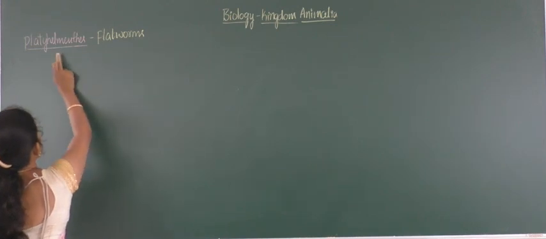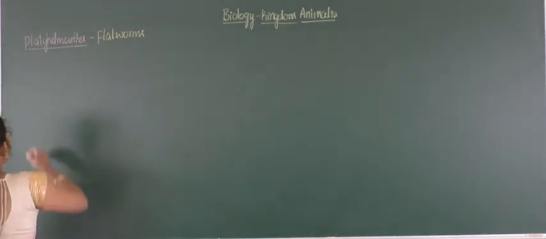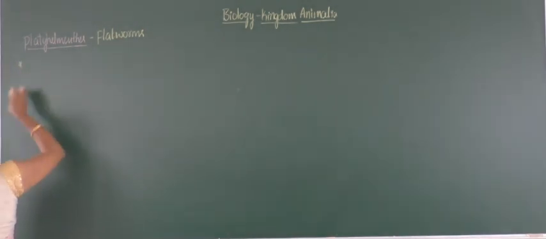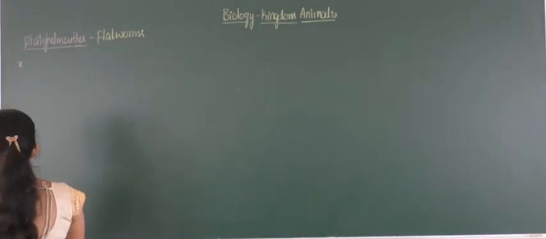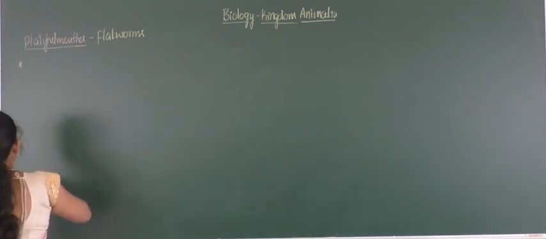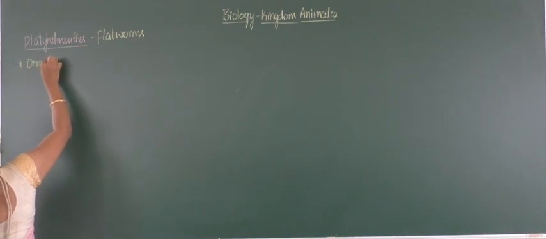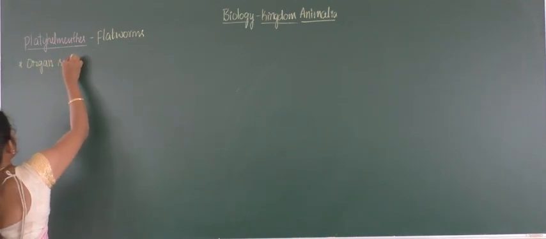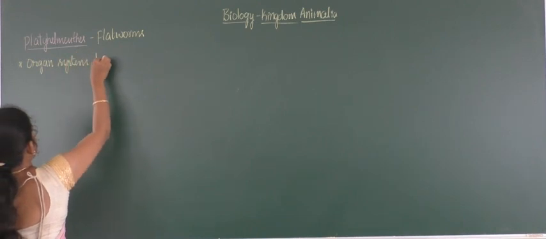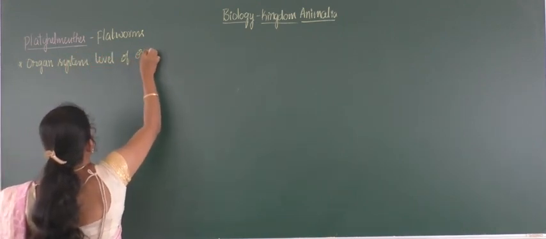Flatworms are also called Platyhelminthes. And coming to the general properties, these organisms have tissue level of organization, sorry, organ system level of organization.